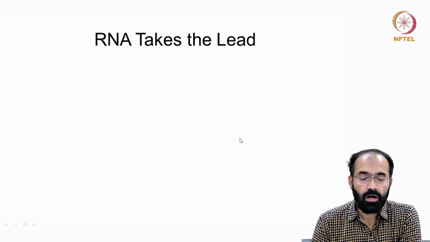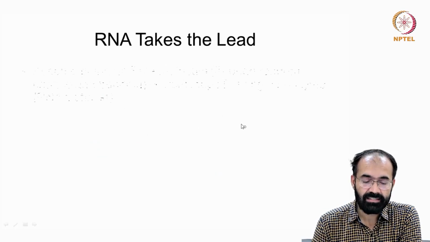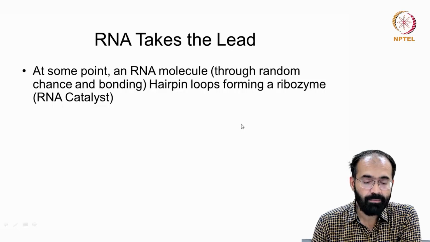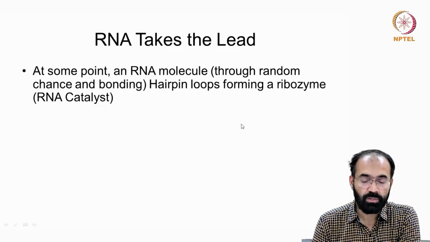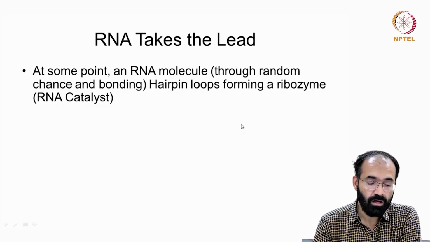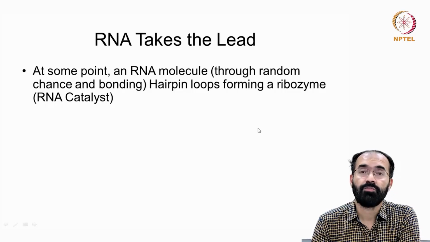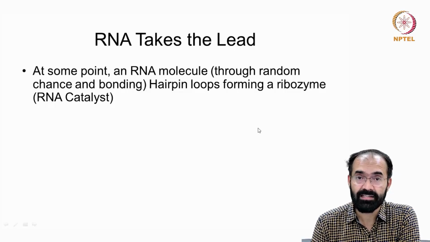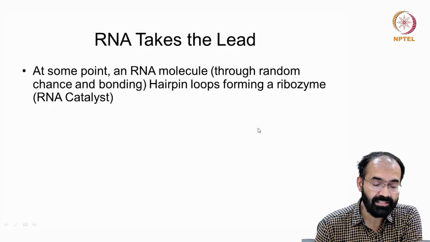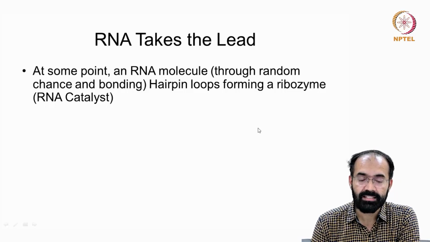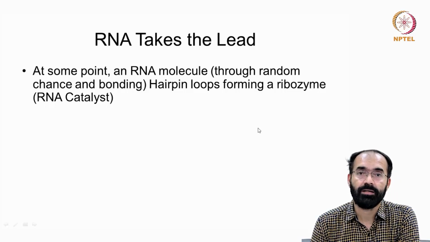And now let us see how RNA acts as a dominant molecule. At some time point, an RNA molecule, through random chance base pairing and hairpin loops forming, can form ribozymes that eventually perform a catalytic role, and we call it an RNA catalyst. And this is a random event.